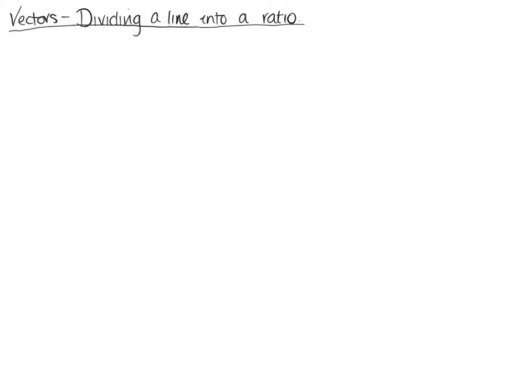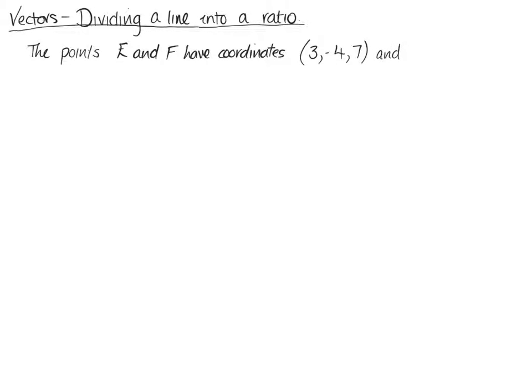Okay, so we've got the points E and F. They have coordinates, let's go with, 3, minus 4, 7, and 24, minus 11, 21.